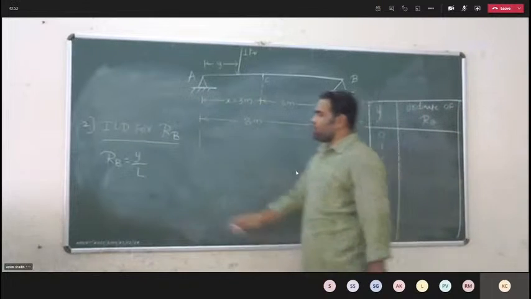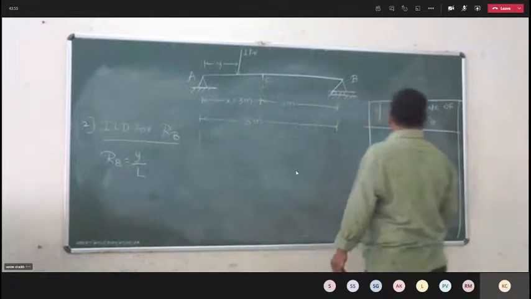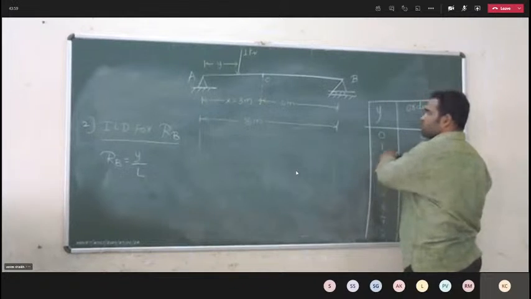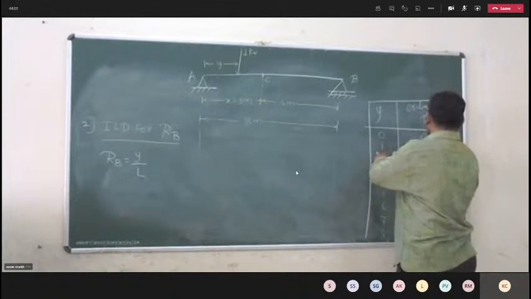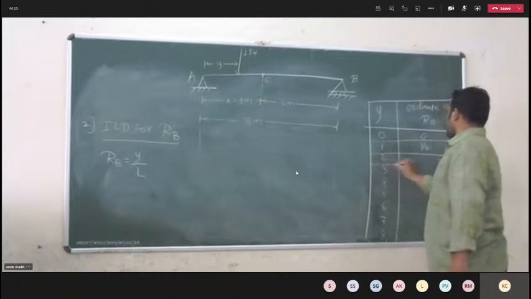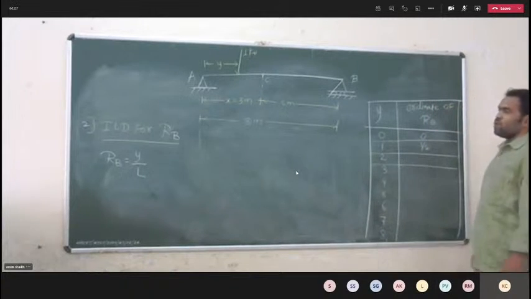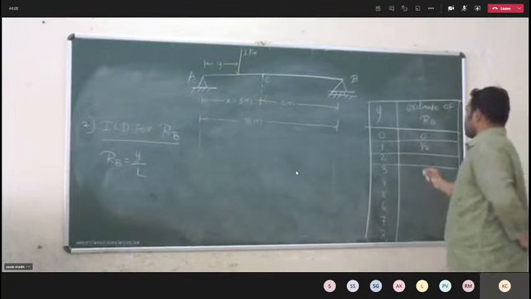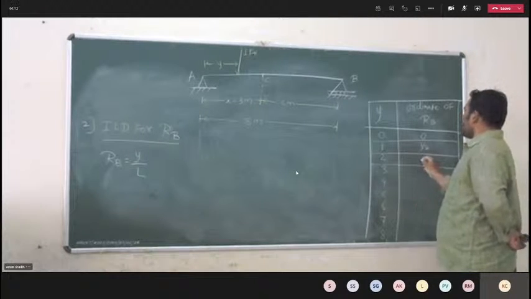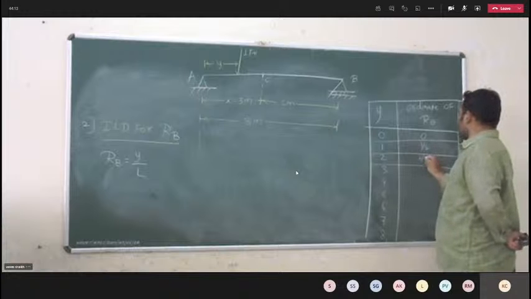So now put the value of Y equal to 0. So it is 0. Putting the value of Y equal to 1, it is 1 by 8. Then at a distance Y equal to 2 meter, influence of unit load over the reaction RB, that ordinate is equal to 2 by 8.